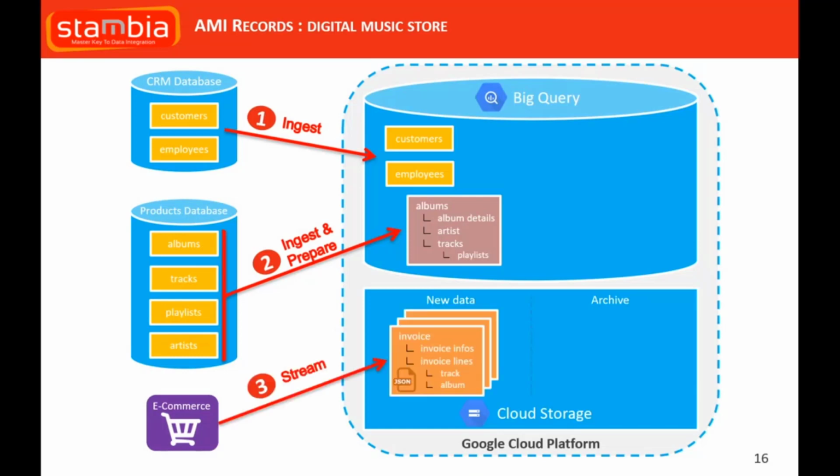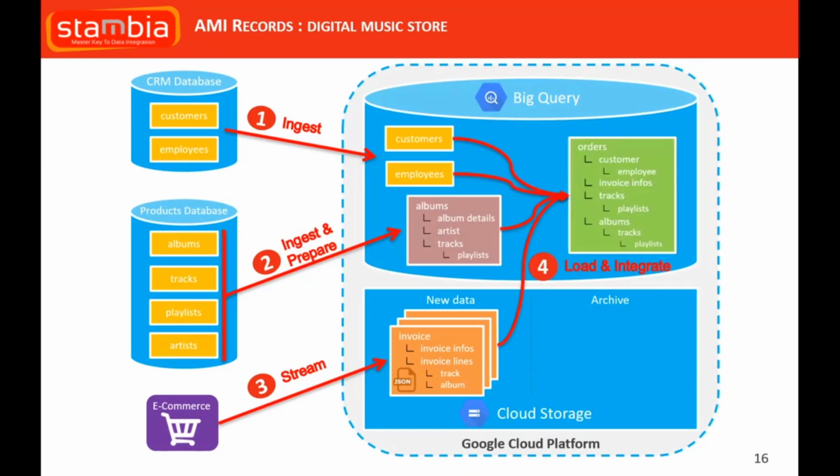And then from the e-commerce website, you are going to get all your invoices of the purchases that have been made for those tracks. Using all this as staging data, we then create the entire order summary, which can be used, you can imagine, for a downstream system, maybe for analytics, maybe a BI tool could pick it up, etc. So I will quickly move to the virtual machine.